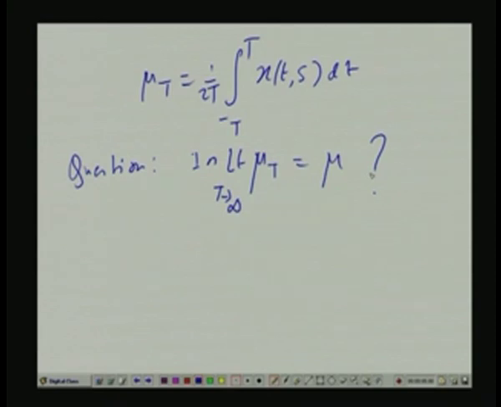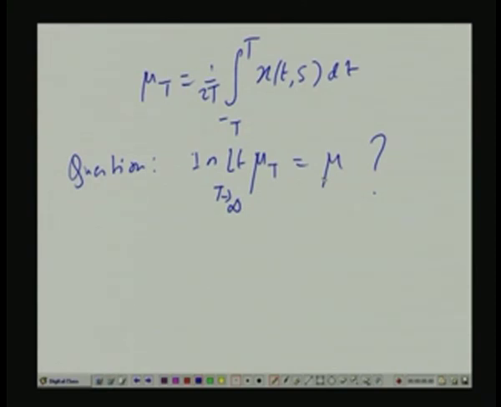This is the question. Is limit mu t where t tends to infinity equal to mu? Okay, this is the question. Now, if that happens, then I will say that the process is ergodic in mean.